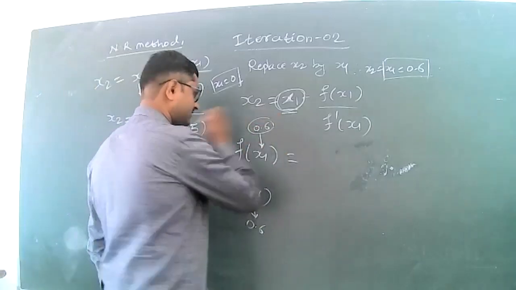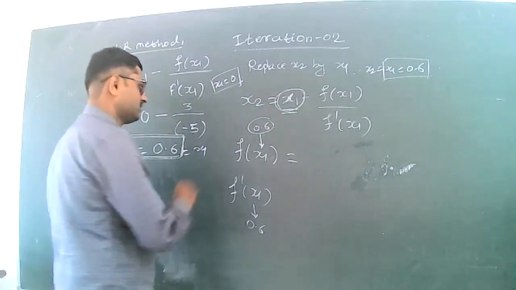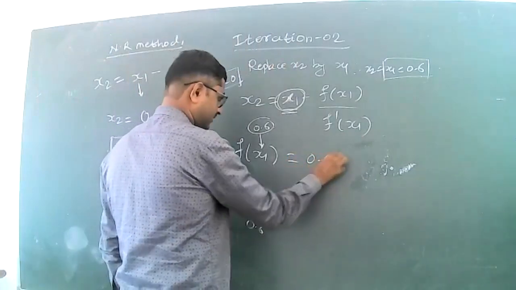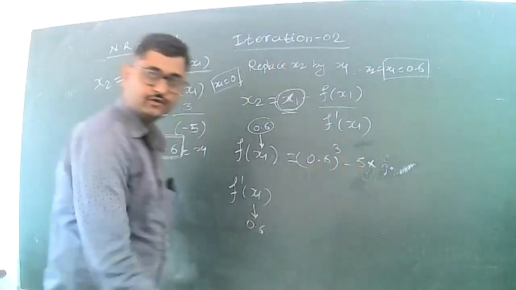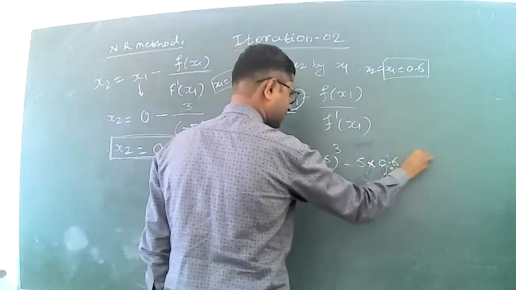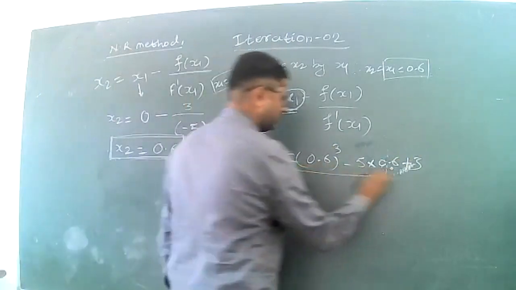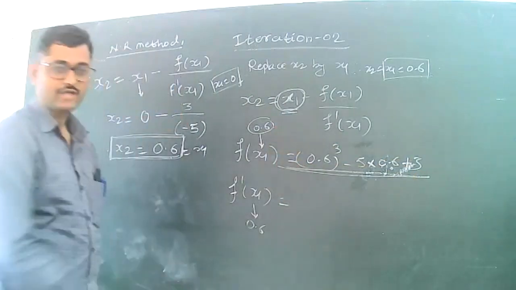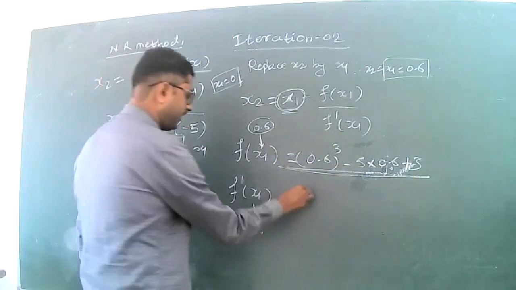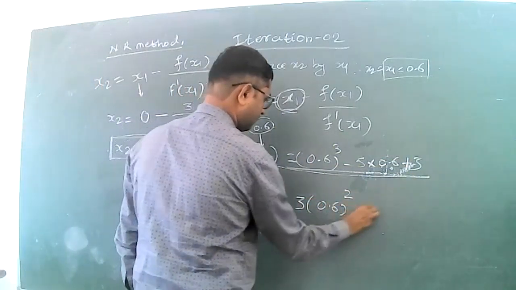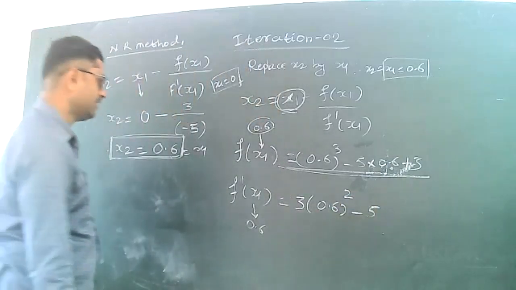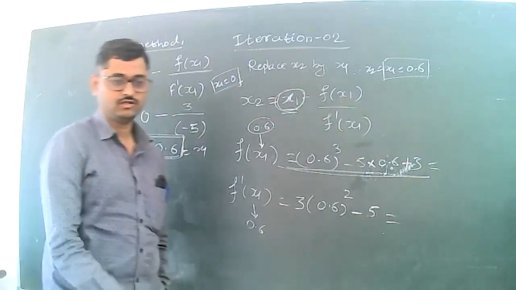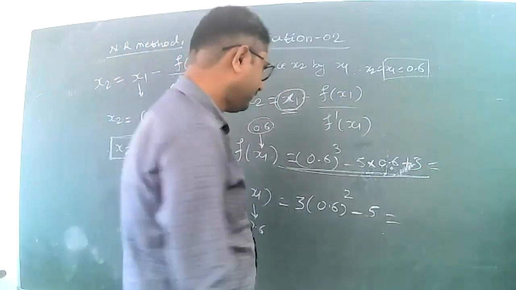So f of x1 is 0.6 cube minus 5 into 0.6 plus 3, and f dash of x1 is 3 into 0.6 square minus 5.